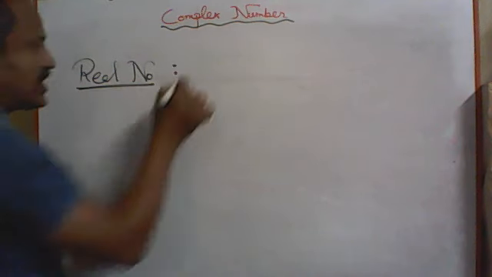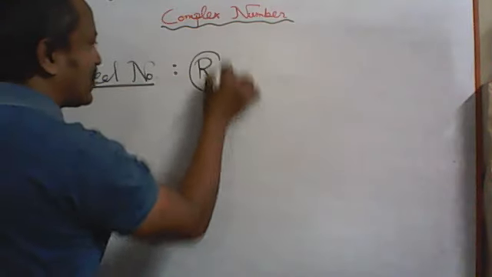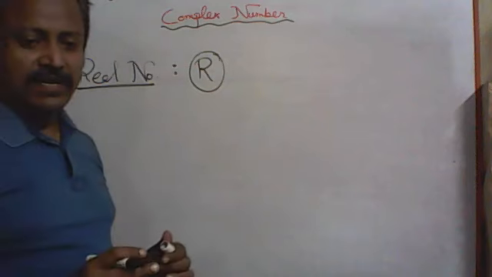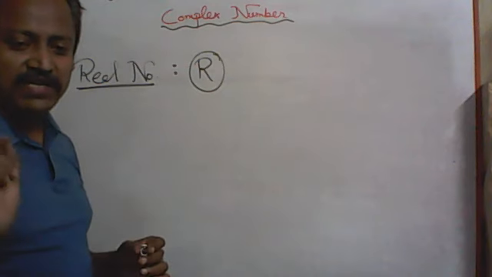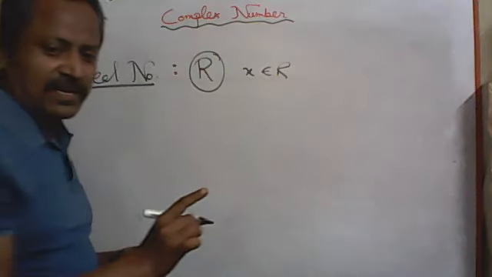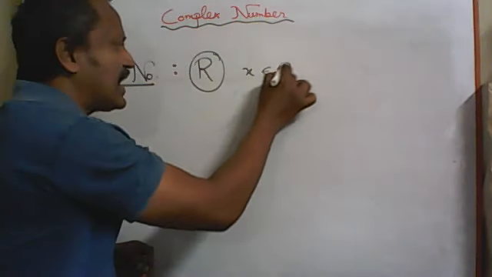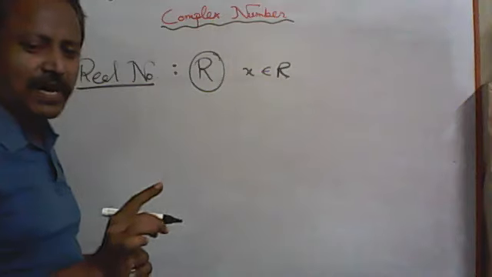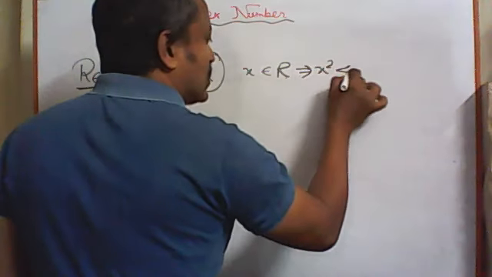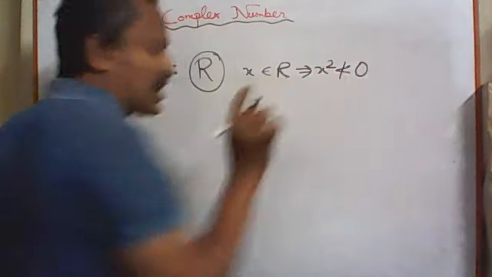So if we consider R as the set of real numbers, the collection of real numbers, then simply we can say for any number x belonging to that set, that means if x is a real number, then its square must be non-negative. So x square is not less than 0.